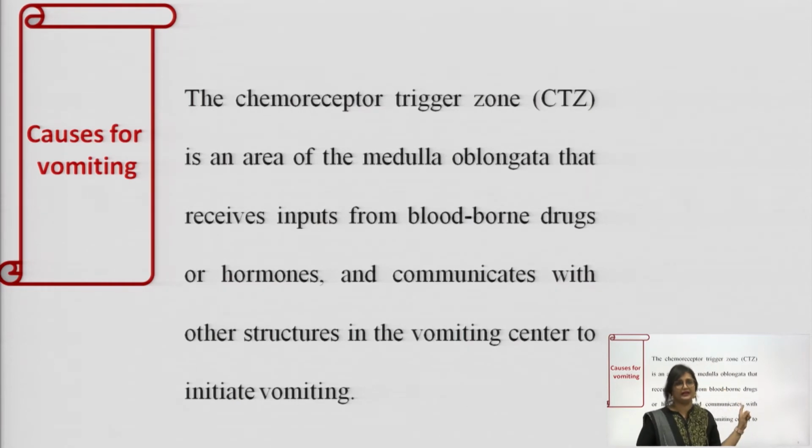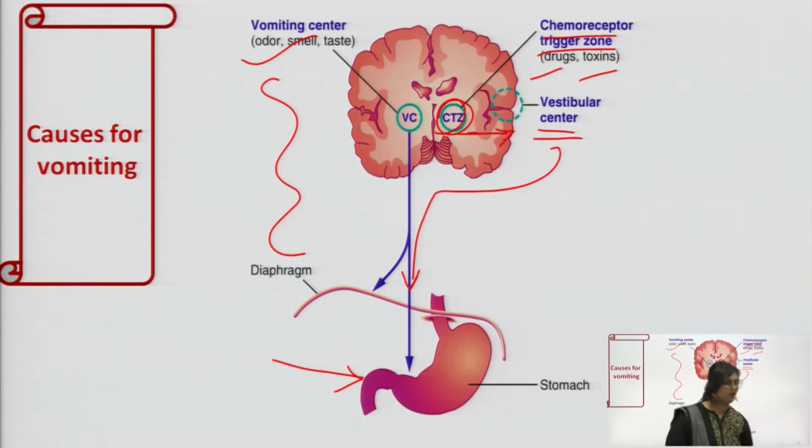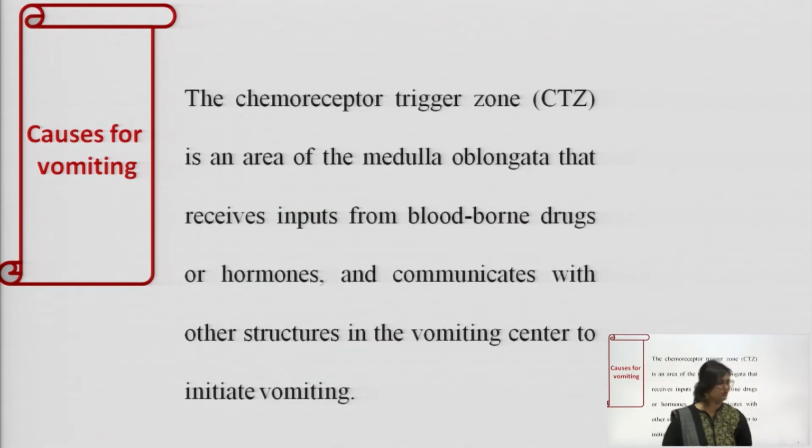They communicate with other structures in the vomiting center and the vestibular center to stimulate vomiting. So this is about the chemoreceptor trigger zone.